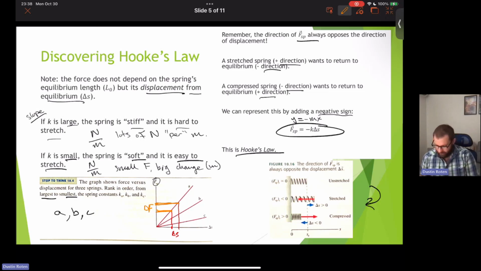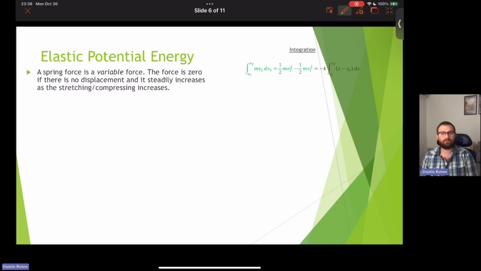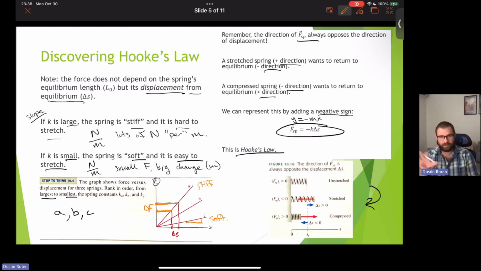But when you compare that over here to just a little change in force from a big displacement, you see that this is actually a stiff spring, and this is actually a soft spring. Hopefully that makes sense. Stiff spring, soft spring, large k, small k. That's just a spring constant to let you know essentially how resistive to changes the spring is.